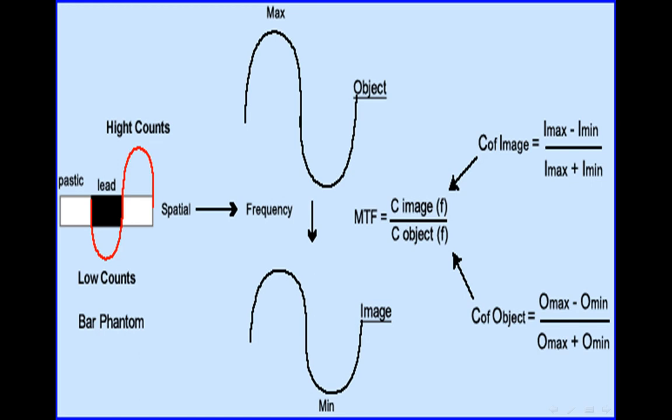So the counts here will be very low, but on the other side you will find the plastic, white, which will be high counts. So high counts in this region and low counts in this region, you will find this wave like this.